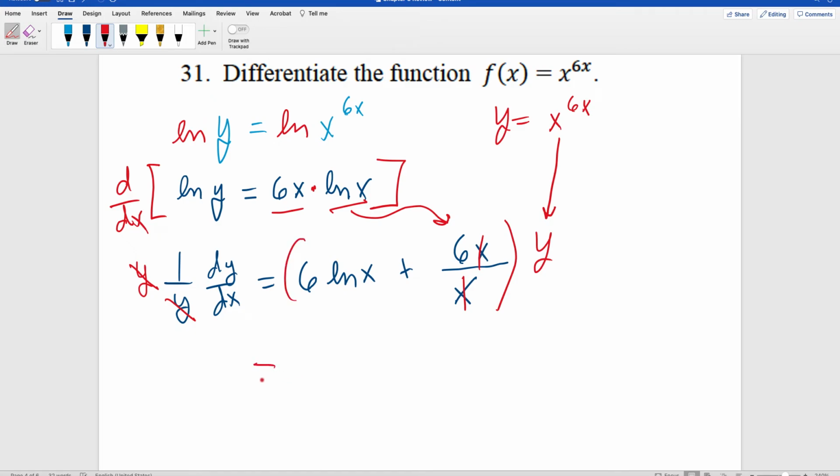So our final answer is going to be, you could factor out a 6, I guess, but on some of these, for multiple choice, you just have to be able to recognize the right answer, and recognize that they may factor something out that you didn't, or maybe they didn't factor it and you did. You just have to be able to do that. And I think in most cases they would go something like this. And then what goes here, well, that's times y, but we're going to put in the version of y that y is really x to the 6x.